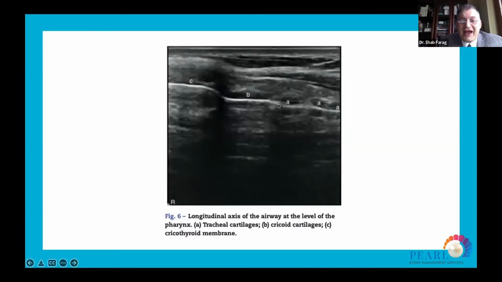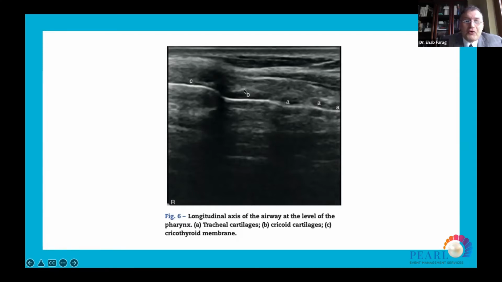This is in the long axis. We have the cricoid cartilage here. The C is the cricothyroid membrane. They are the tracheal rings, and they can be seen as the string of pearls or the string of beads. And remember, in the long axis, they are hypoechoic, and beneath them, the hyperechoic air-mucosa interface.